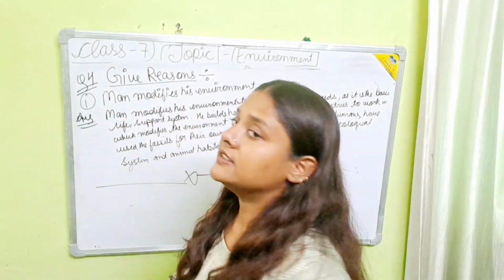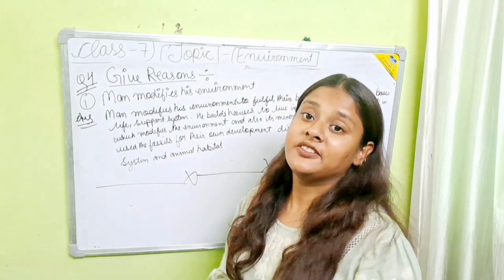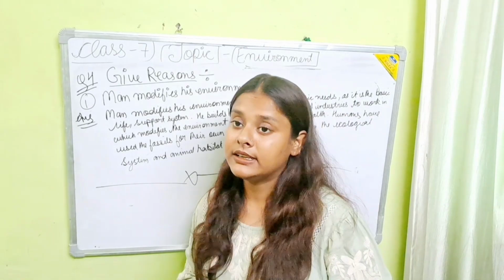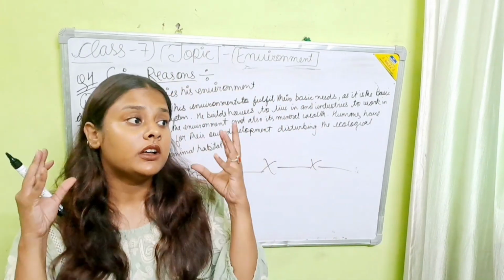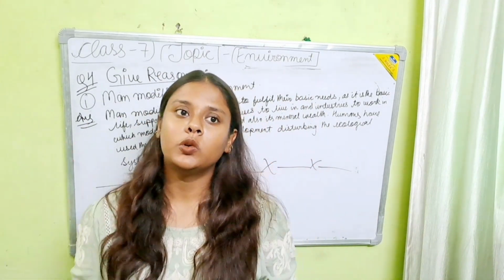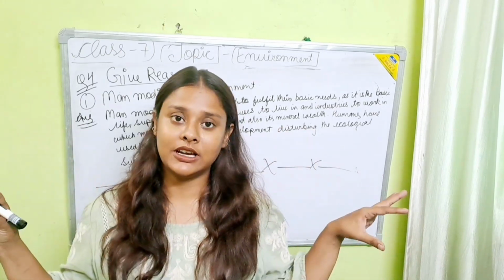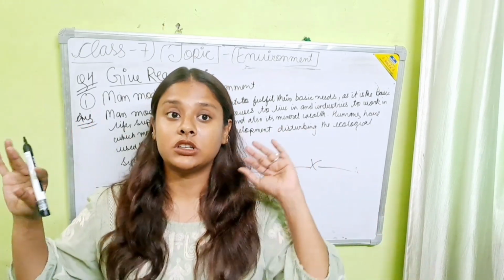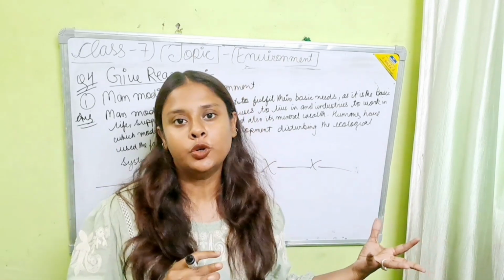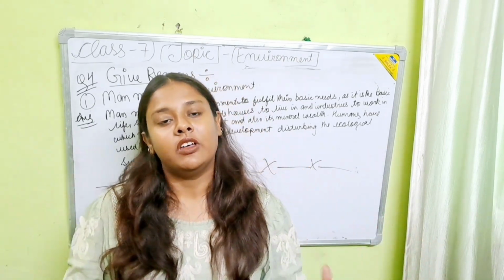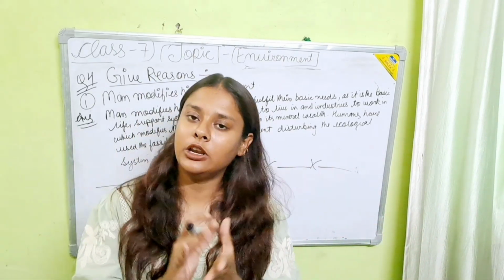Fourth, give reasons. Man modifies his environment. I have told you earlier also, the environment that is provided to us naturally by God consists of land, water, air, and the ancient humans used to live in that limited environment only.